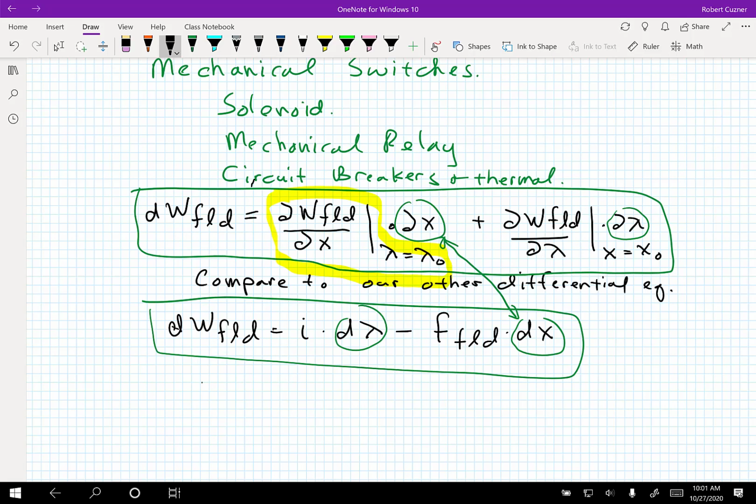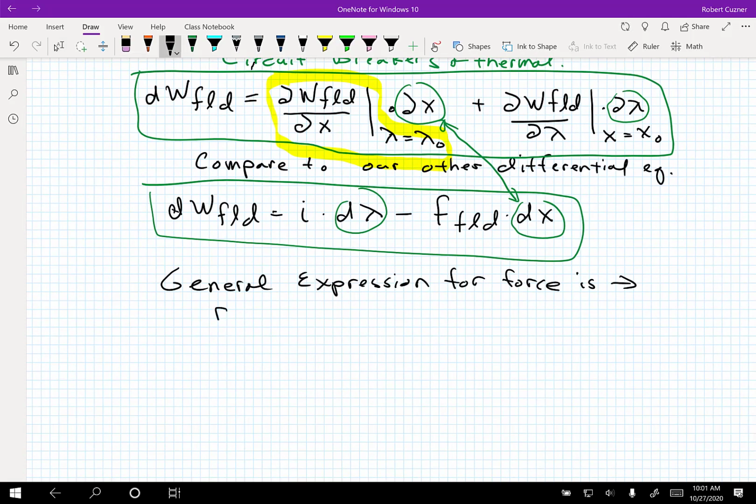So the general expression for force is F due to the field equal to the negative partial derivative of the energy with respect to x evaluated at a constant or a specific point of flux.